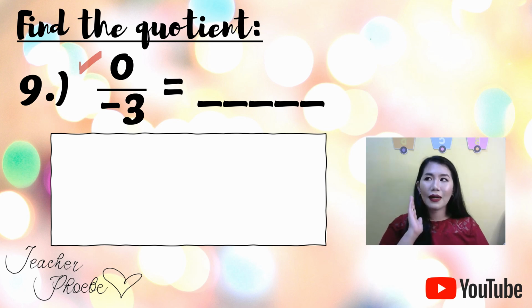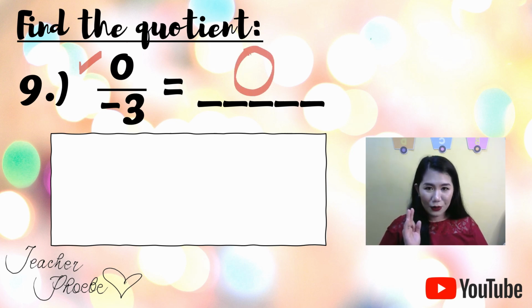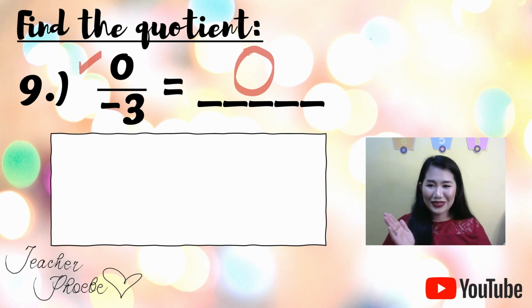Automatic, kapag ang nasa numerator mo ay 0, ano man ang number na nasa ilalim, positive man yon, negative man yon, 1 million man yung number na yon, the answer to this is automatic 0. Okay? So, even if you try to compute it using a calculator, a scientific calculator, even if you search this in Google, the answer is always 0.